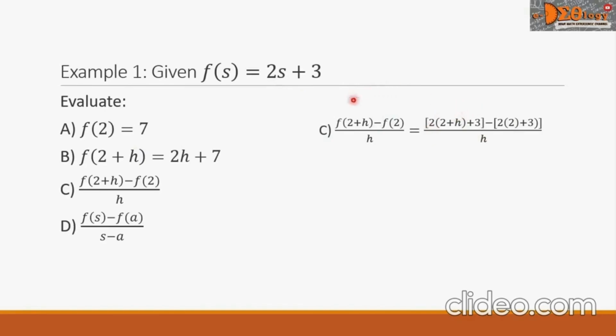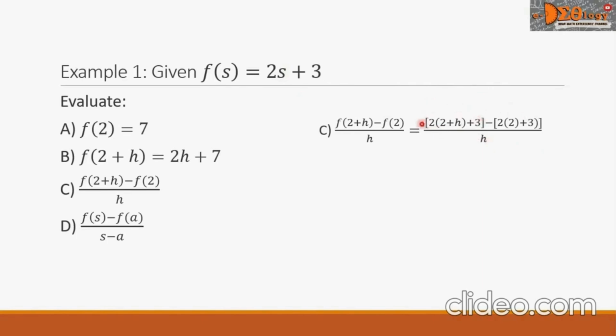This is for the f of 2 plus h. Then minus the f of 2. The same idea. I will copy this function in here, and then for every s that I see, I will change it to the number 2. So we have here 2 times 2 plus 3. Then all over the h.